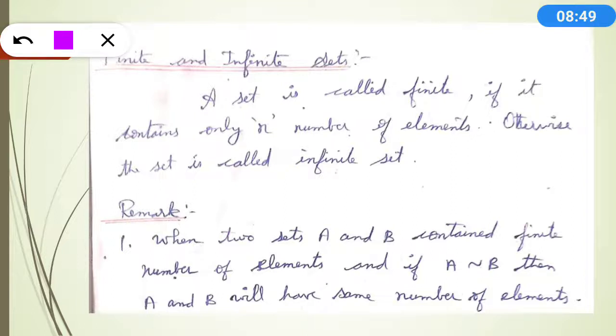If A and B are finite, meaning n number of elements, and they are equivalent sets, then A and B will have the same number of elements. It is obvious, right? If it is equivalent, there exists a one-to-one and onto function, and since it is finite and countable, they must have an equal number of elements. This is actually a trivial case. We'll see the next remark.